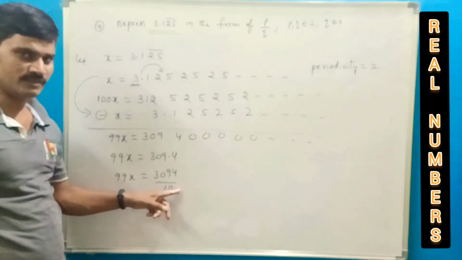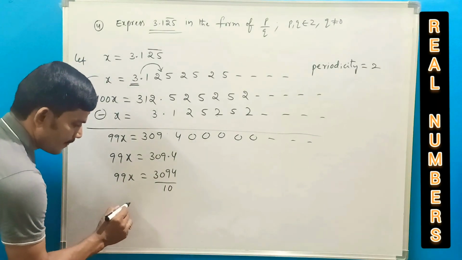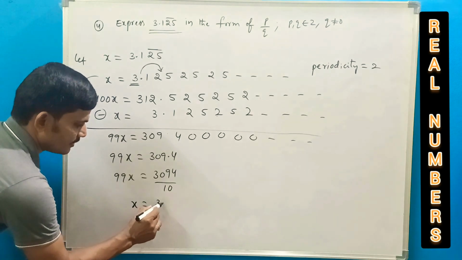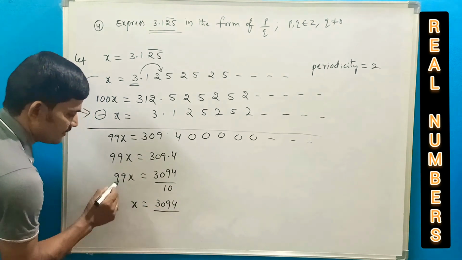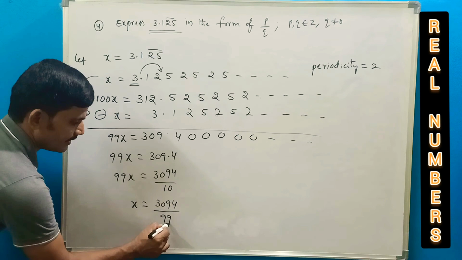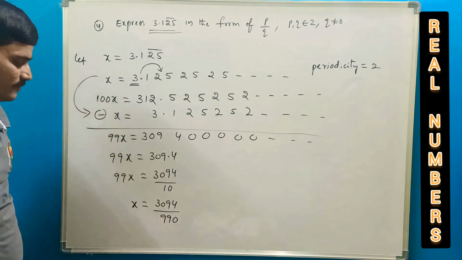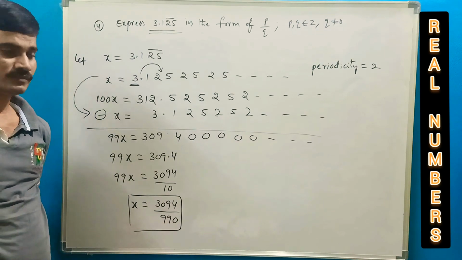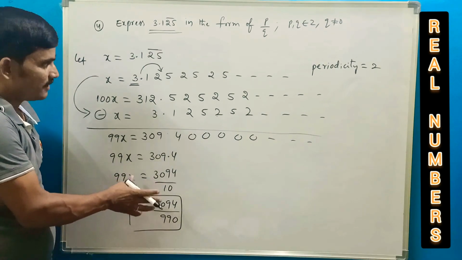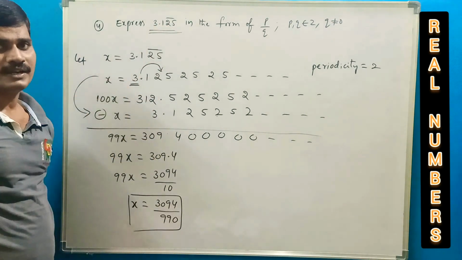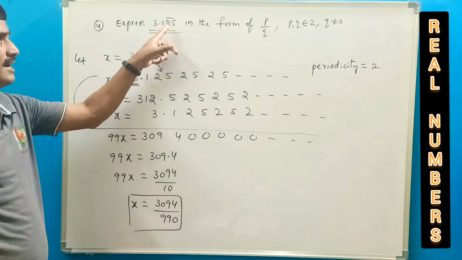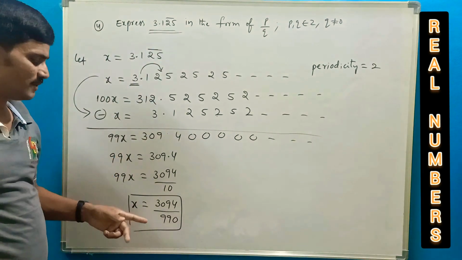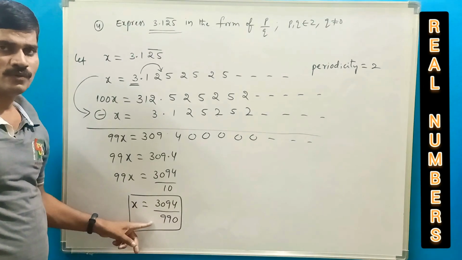Converting the decimal number to a decimal fraction, x is equal to 3094 by 99 into 10, that is 990. So this is how we convert a non-terminating recurring decimal into p by q form.